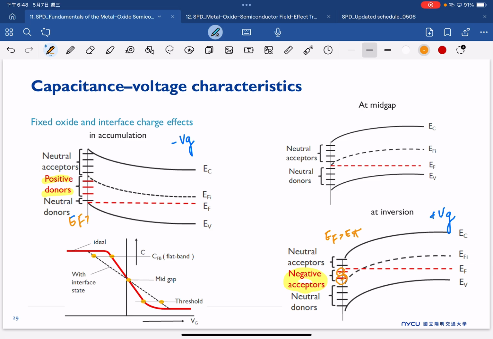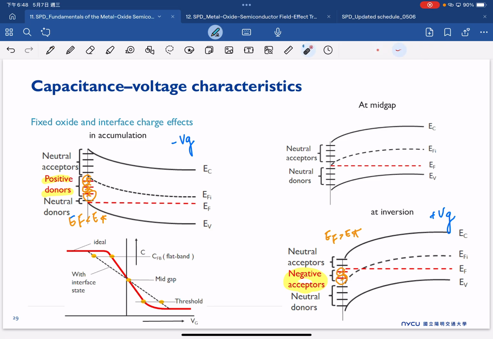EF is larger than ET, or smaller than ET. Now with EF smaller than ET, based on the definition of the donor state, we start to have the positive charge here. So this is a case where the negative gate bias will in the end cause trapping.